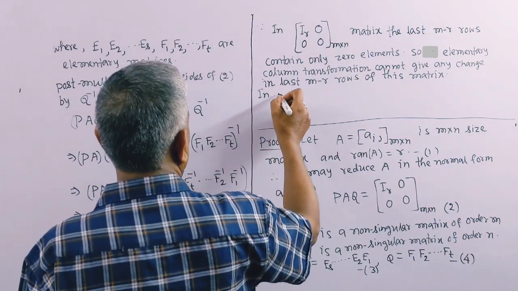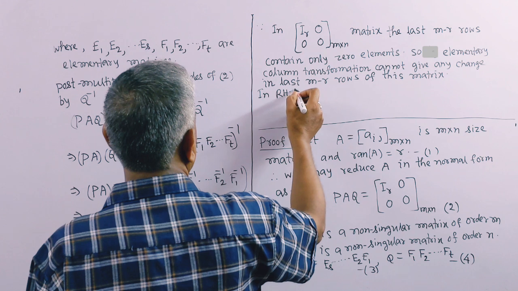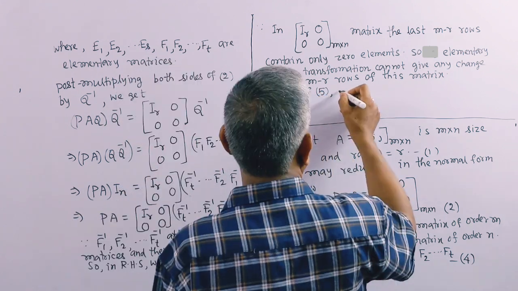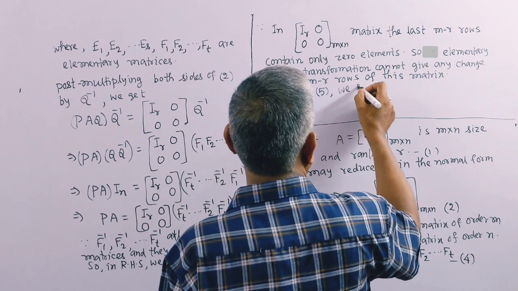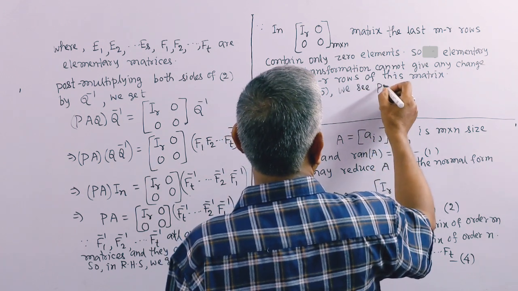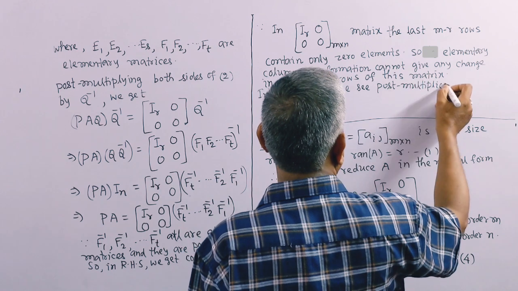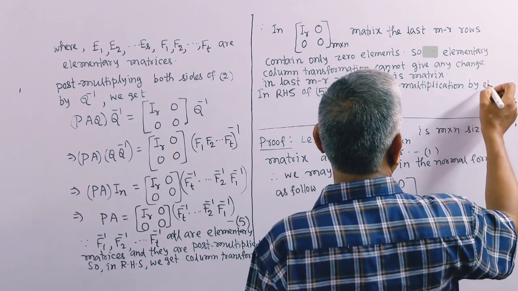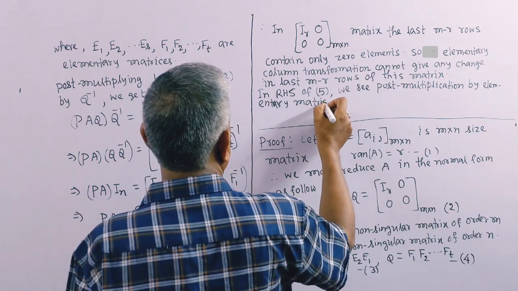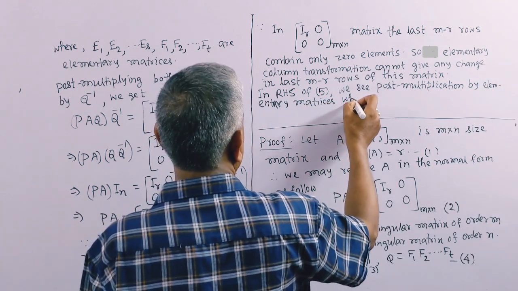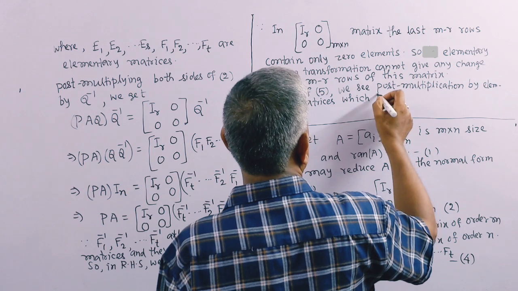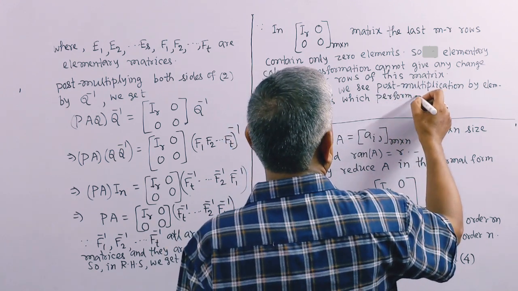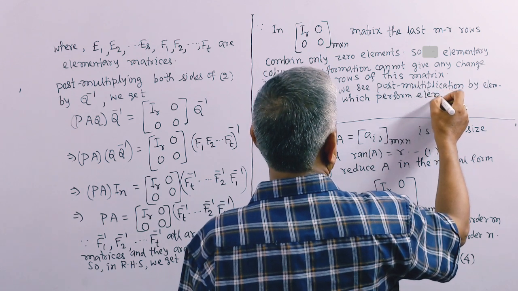In the right side of 5, we see post multiplication by elementary matrices which perform elementary column transformation.